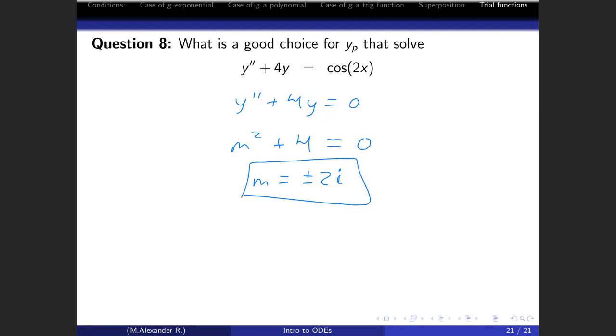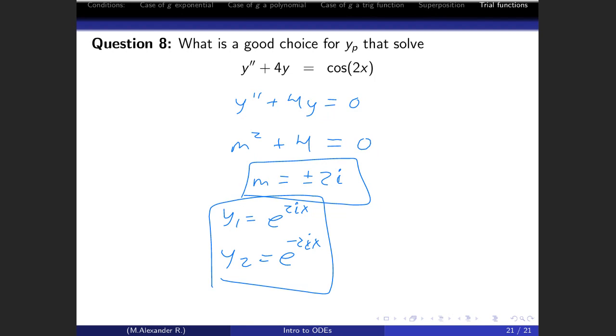That means that you have y1 to be e to the 2ix, and then y2 is equal to e to the negative 2ix. What I want to remind you is that depending on what you're dealing with in your career, if you're an electrical engineer, you probably do want to use exponential functions that have the i in there.